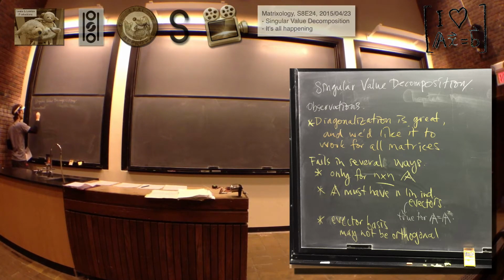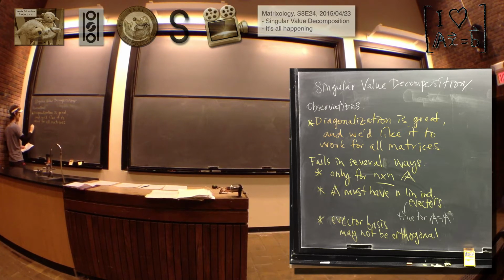Diagonalization is great, and we'd like to do this for all matrices. We'd like something like this to work for all matrices. And it's even better with symmetric matrices. Amazing with symmetric matrices. All right, so this is an observation.